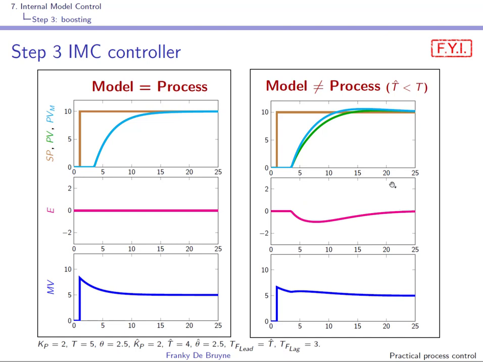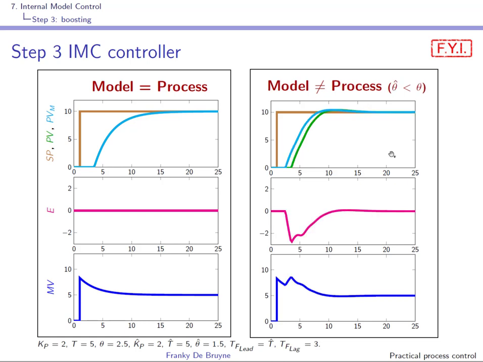Here you see a problem in the model with respect to the time constant. But again, still PV is going to go to set point, and here you have a problem in the model with the delay, but again you can see that PV is going to set point.